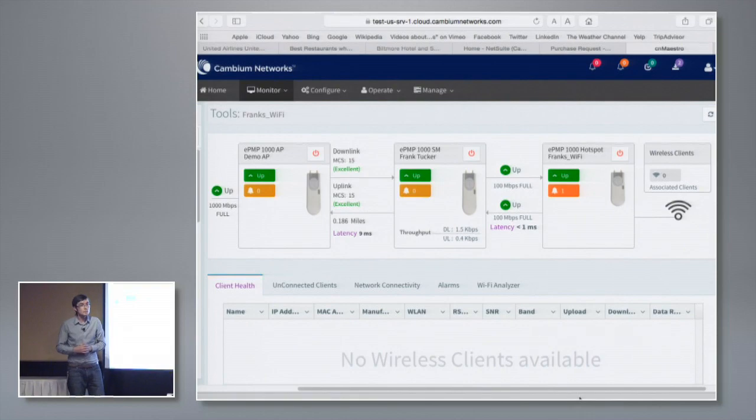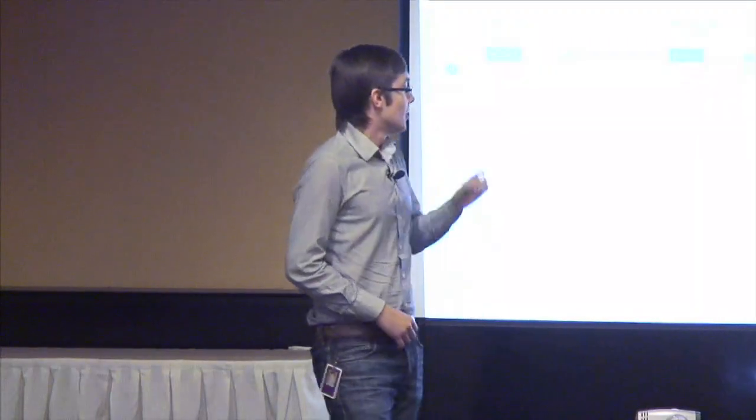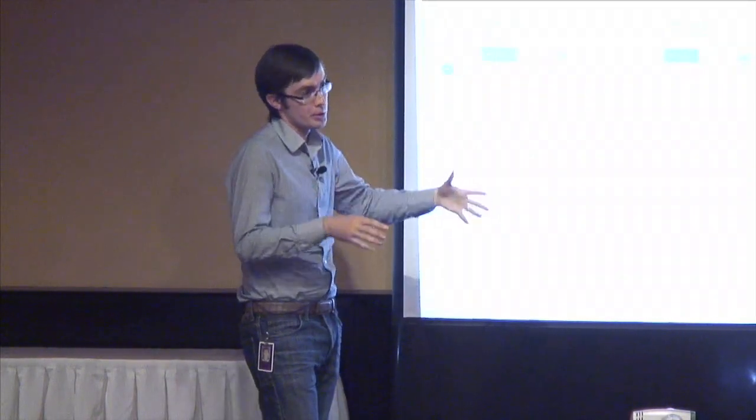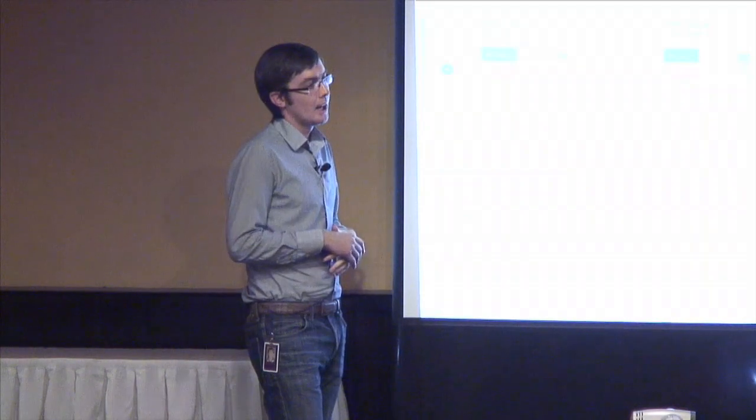Do you have anything on the roadmap to have that last piece out to the wireless clients if they don't have an ePMP hotspot? I would assume most of your customers don't. Currently, we are going to add this kind of feature for sure for our cnPilot.